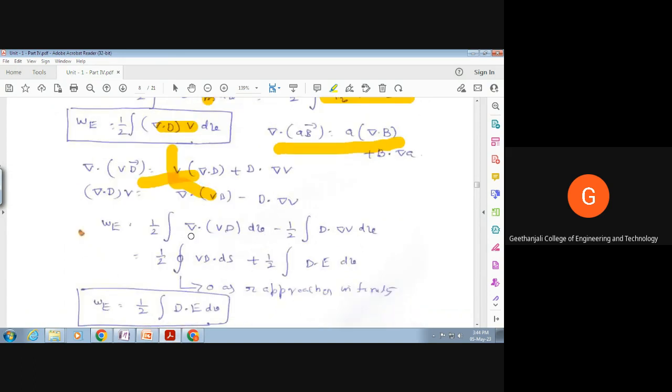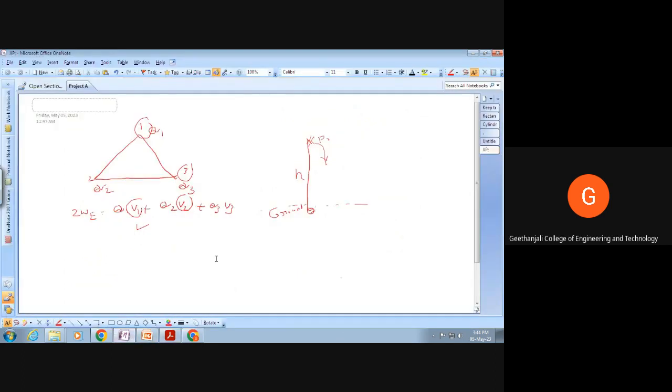Now applying the divergence theorem, suppose you have got closed integral D dot dS is equal to integral del dot D dv. This is what is known as the divergence theorem.